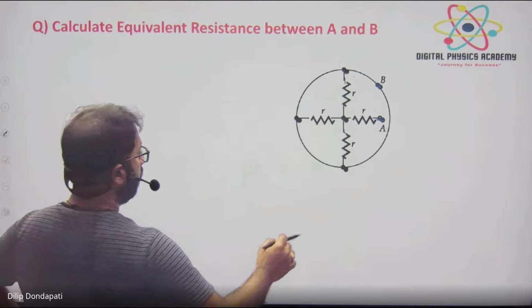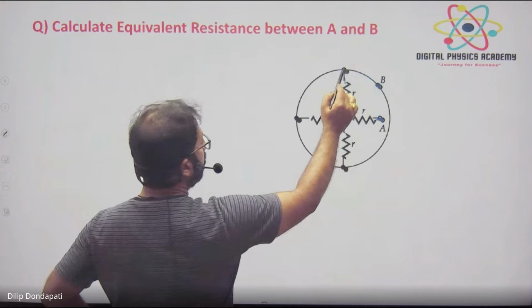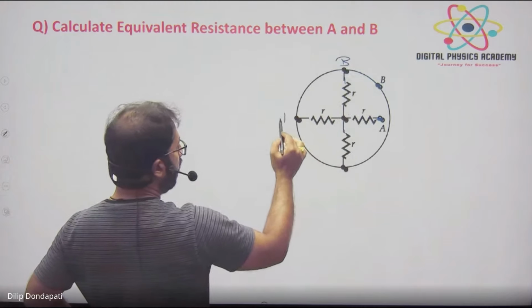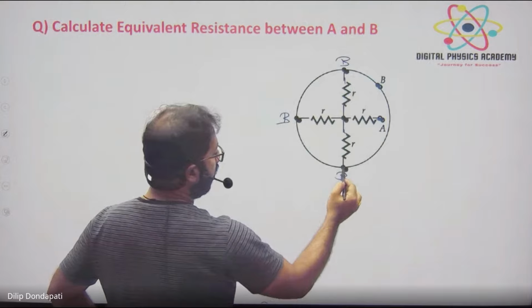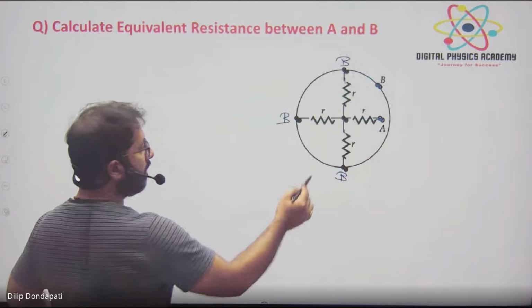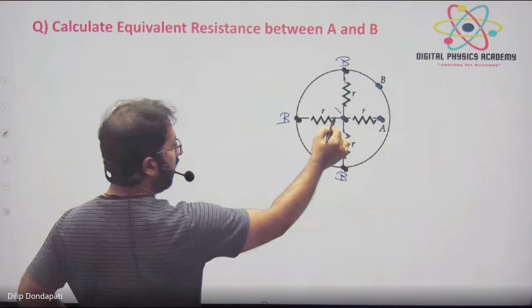No, not on the circle. This is B, which means this is also B, this also B, this also B. This is A. And in between we will put an X, right?